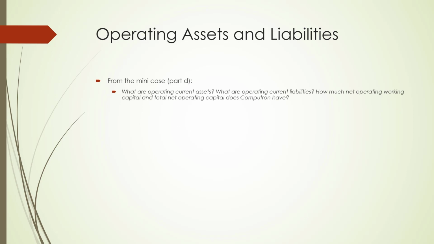Now, the question also asks, what are operating current assets? Well, operating current assets are going to be cash, accounts receivable, inventories, and there may be some other current assets as well, but it does not include short-term investments. Why not? Because short-term investments earn interest. Remember, by definition, short-term investments represent money that has been set aside from the business because it's not currently needed.